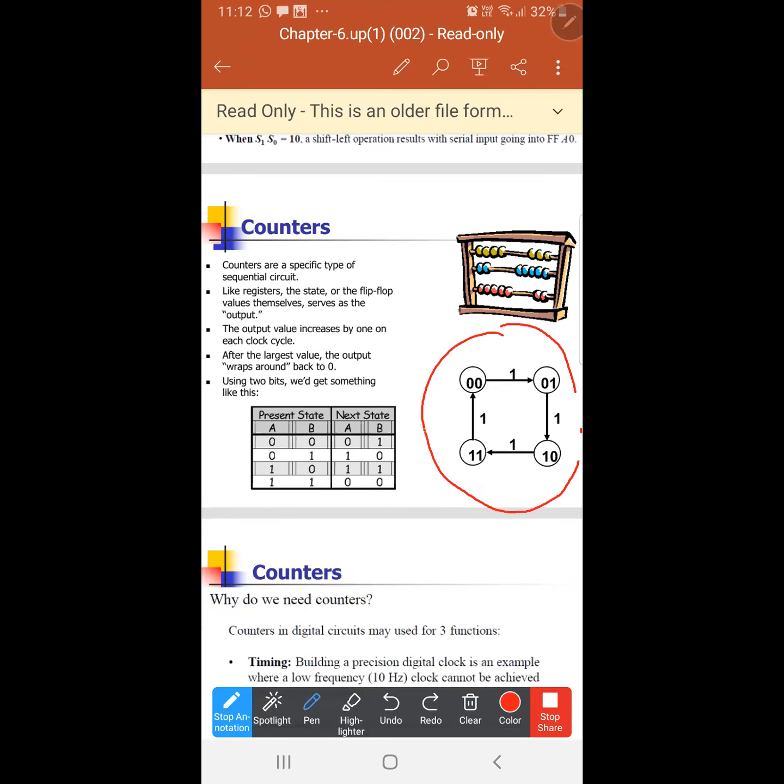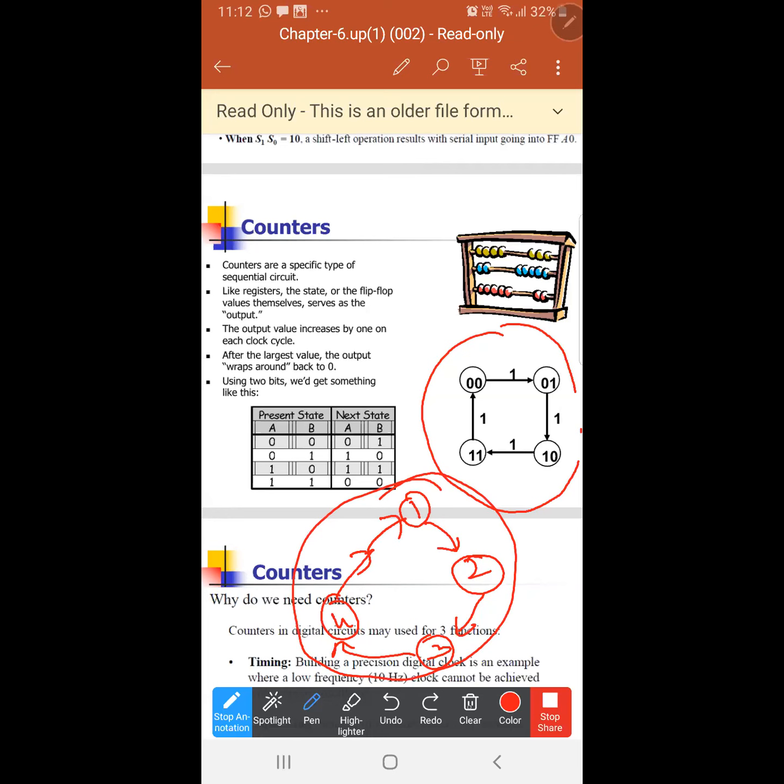As you know, it is a counter, so of course it will move from one value to the next, 1 to 2, then 2 to 3, then 3 to 4, and after 4 it will go back to 1 if we have only these states.